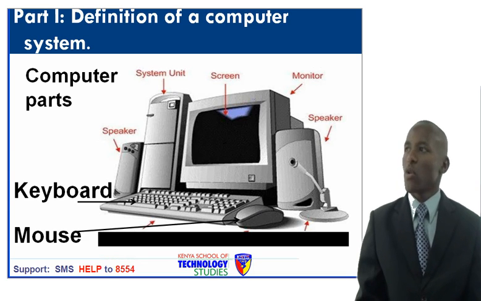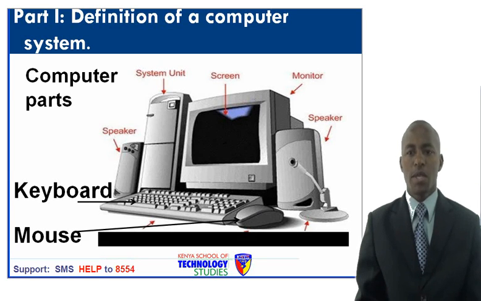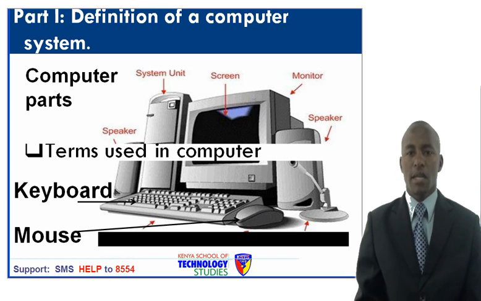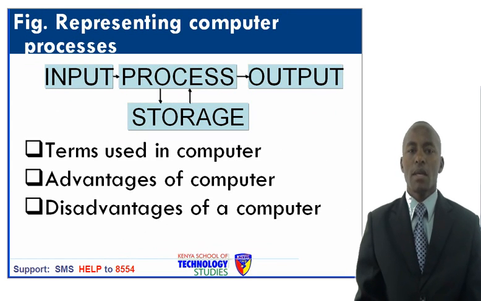Now let us look at computer parts. We have the system unit. We also have the screen or monitor or visual display unit. We have the keyboard. And lastly we have the mouse, as they are well indicated in the diagram. Now let us look at the figure representing computer processes.